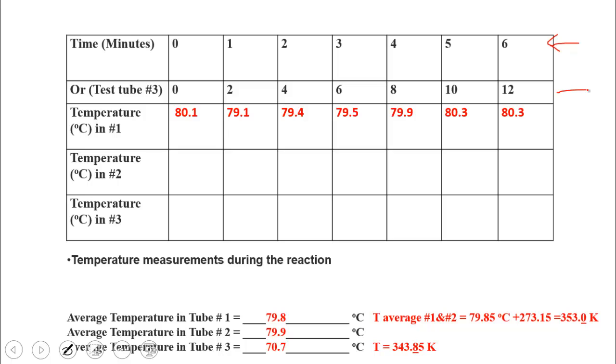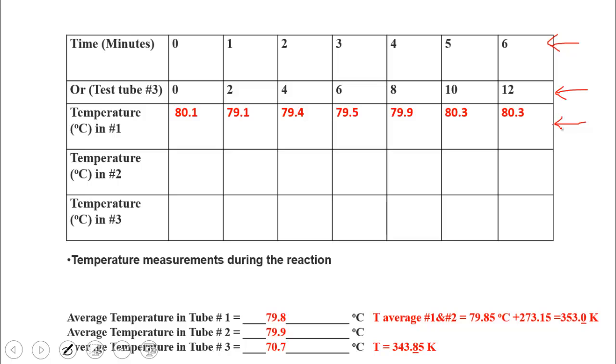And then I also put up a different time scale in minutes for test tube number 3, because I'm going to take the temperature in 2-minute intervals, because in reaction 3, we're going to decrease the temperature of the water bath, and in doing that, we slow the reaction down, and so it takes longer for the reaction to occur.